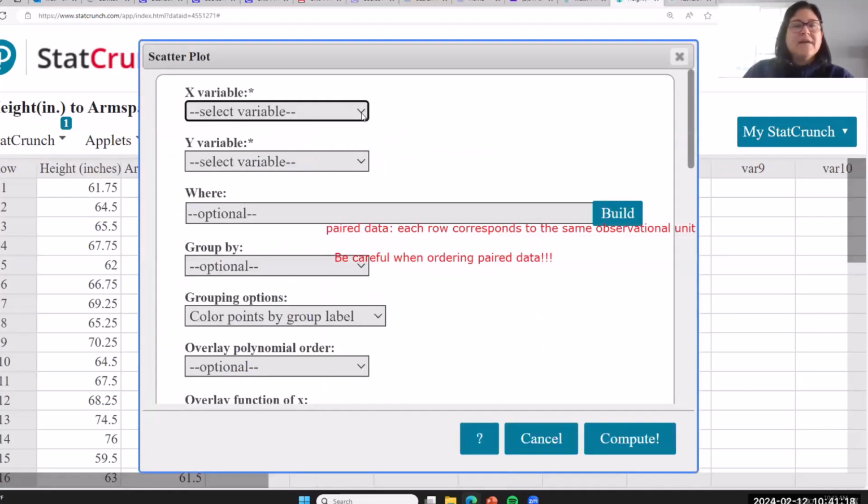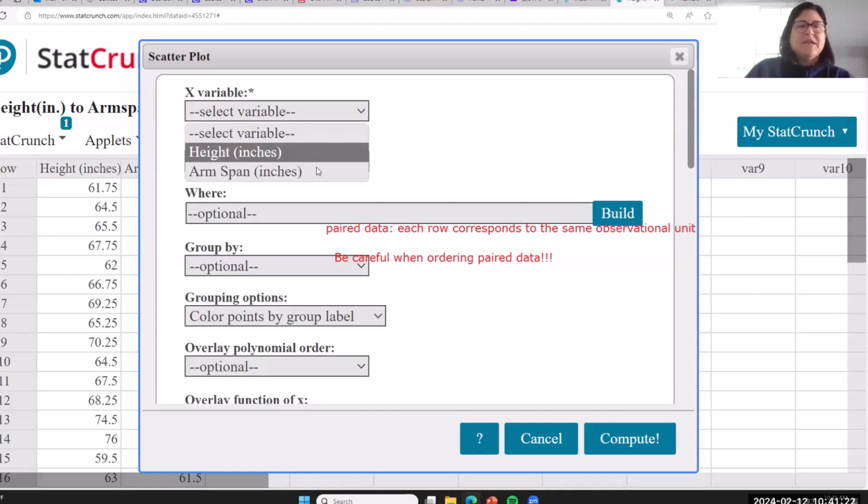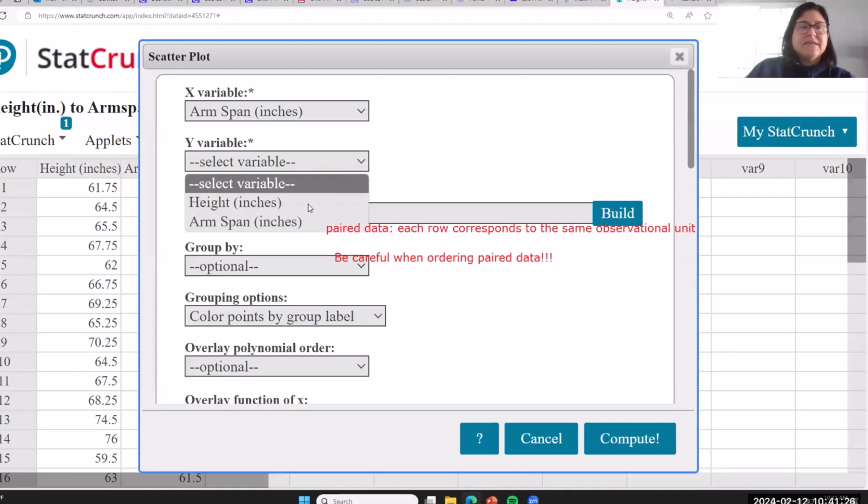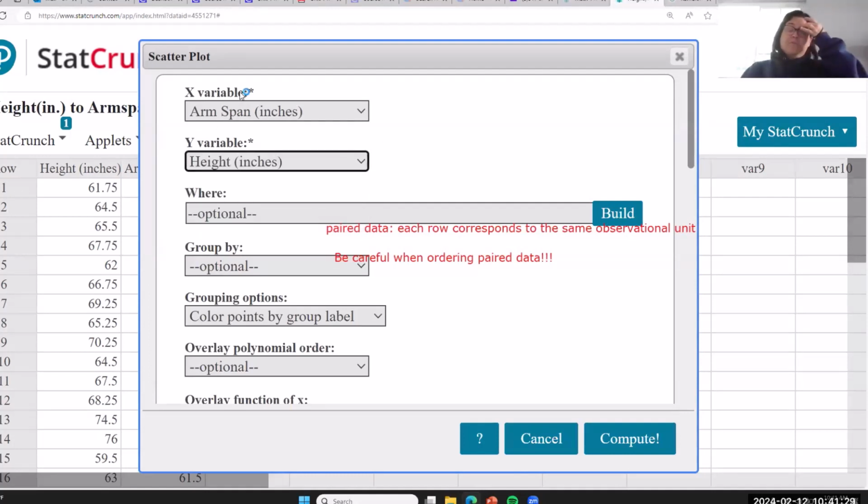And I'm going to have my X variable be the arm span. And from the arm span, I'm going to try to predict the height. So the X variable is going to be what we call the independent variable. So let me write here that X variable is what we call the independent variable.